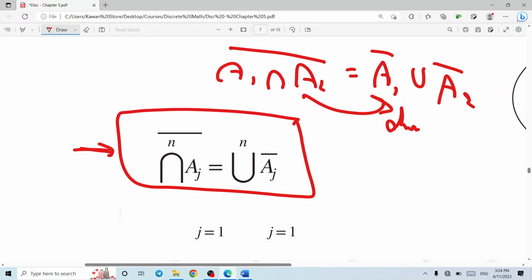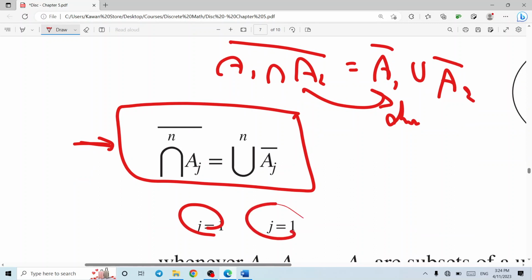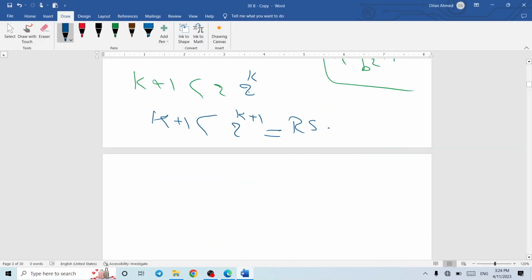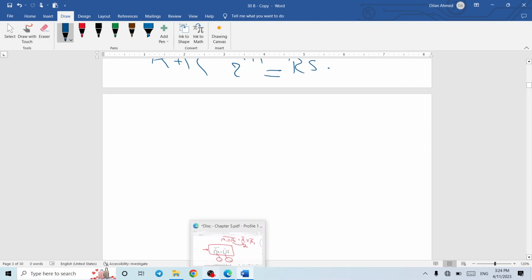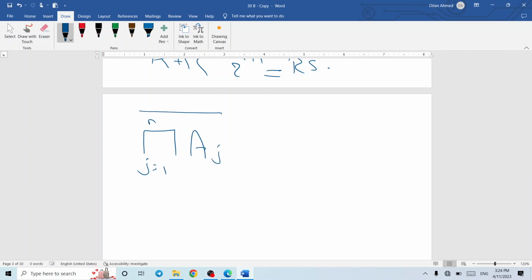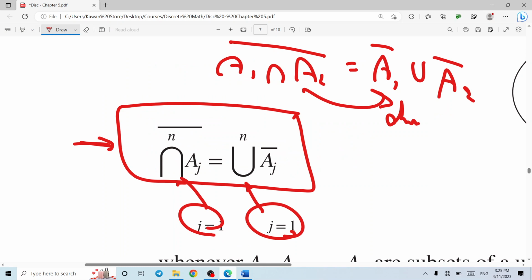So we have, of course, J from 1 to N, and this J actually should be here. So we have the complement of the intersection, J from 1 to N, of all of them. We say show me it is equal to the union of the complement of each AJ, J from 1 to N. Understood, dears?